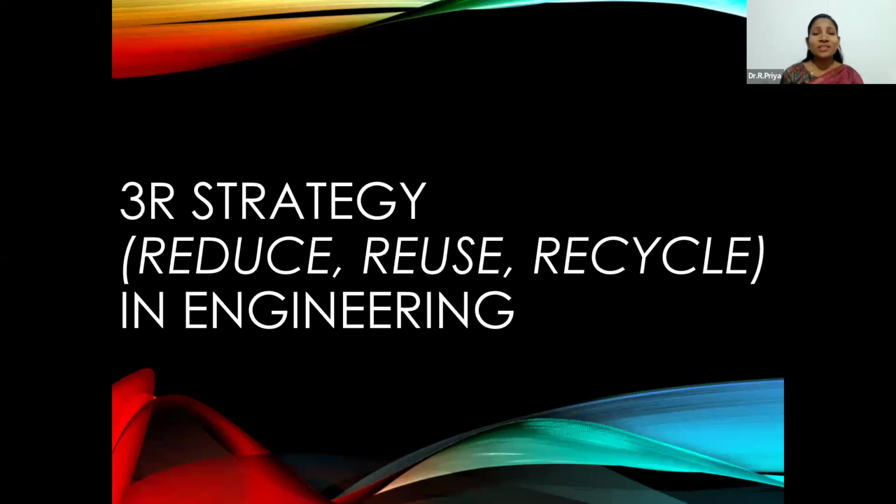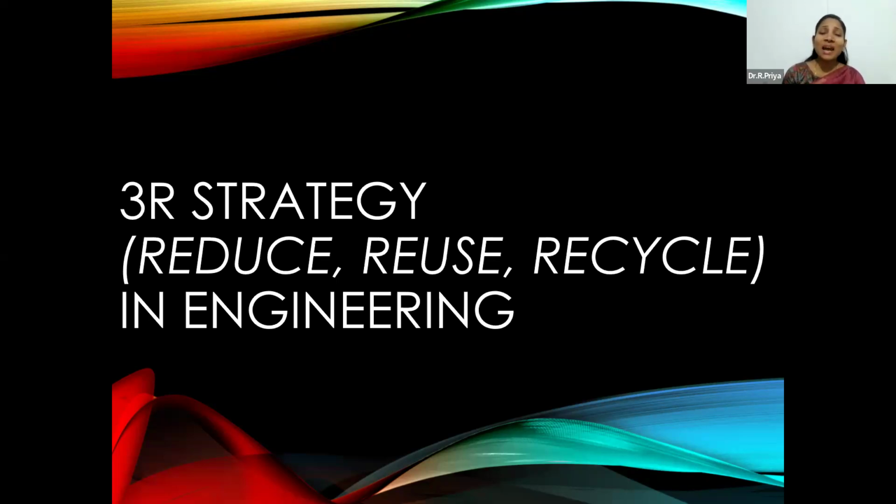As engineers, our work directly impacts the environment, its natural resources, and society, right? So with rising pollution, resource depletion, and climate change, it has become our responsibility to adopt sustainable practices.